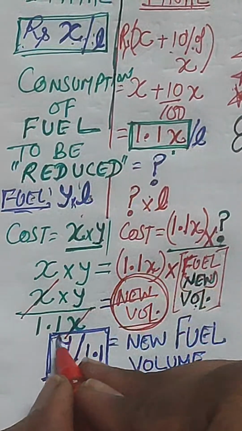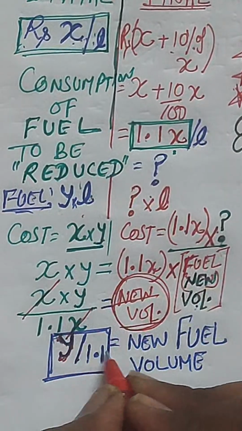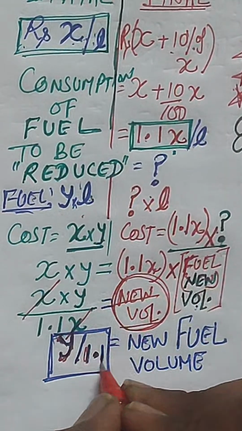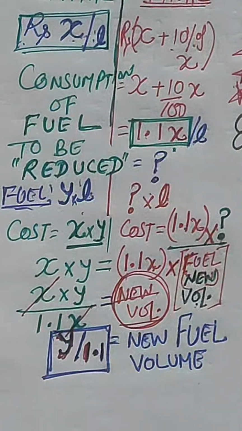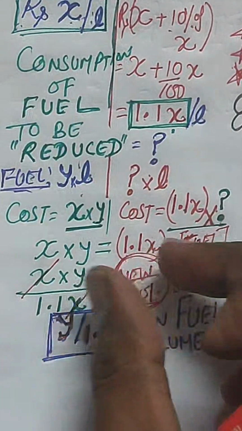So now we have almost solved our question. y by 1.1 is the new fuel volume which you need to consume just to make your cost balanced.